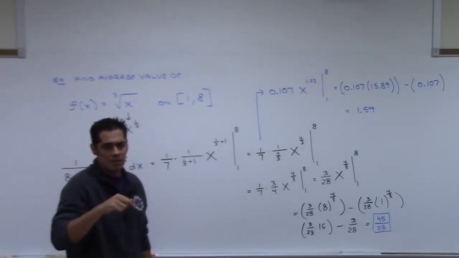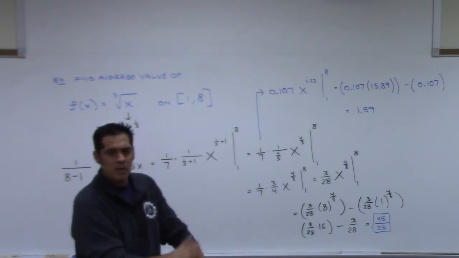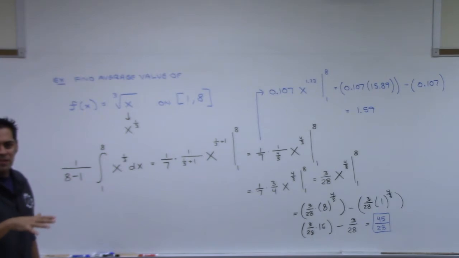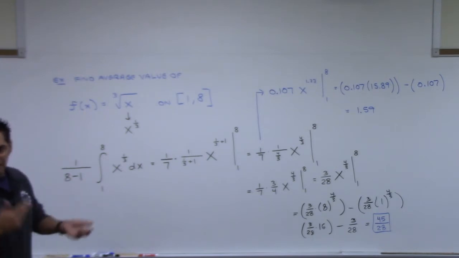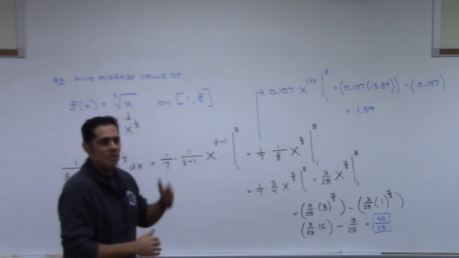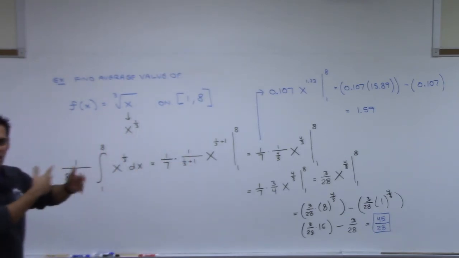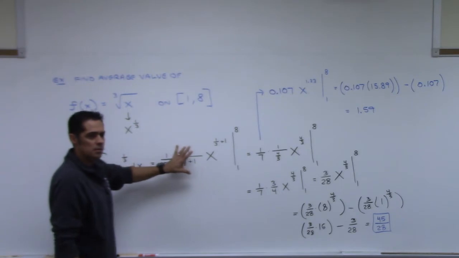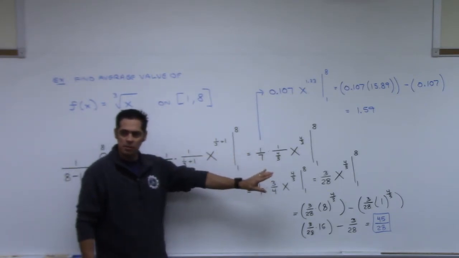It's 1.607 something, and it keeps going, so it's approximately 1.6. The previous problem was nice, we got a nice answer, -4, done. But when you start adding these fractions into it, you can see how it becomes a little problematic, right? Are there any questions on any of the work? You sure?